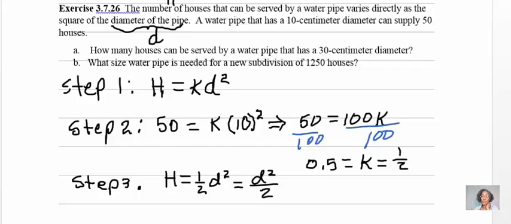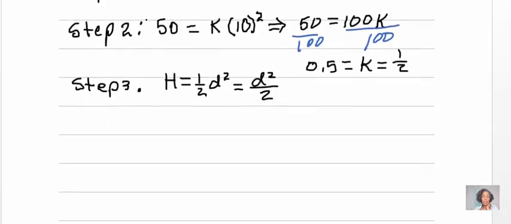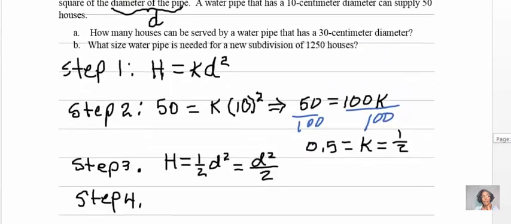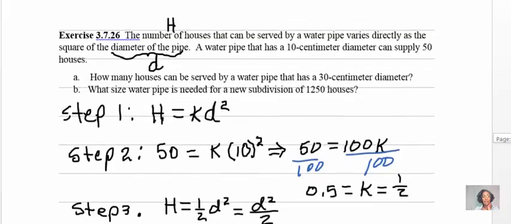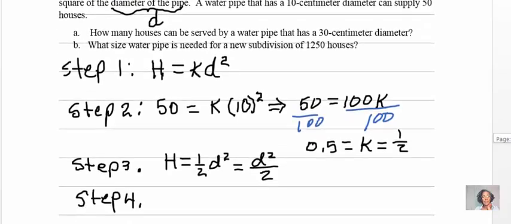I think it's easy to write it as a half, but you certainly could have written it as 0.5. So step 4 tells us to actually solve part A and B here.